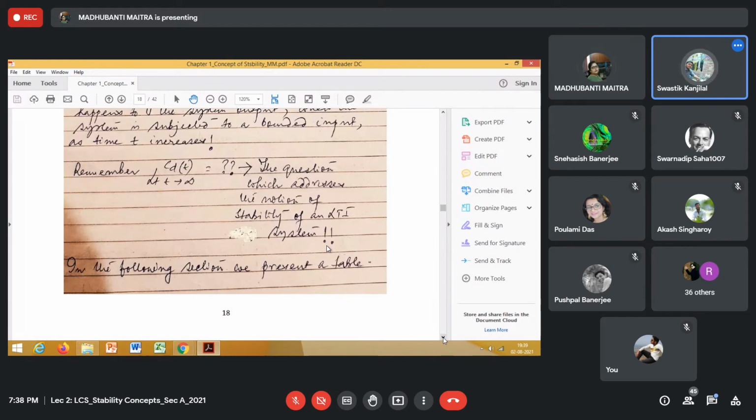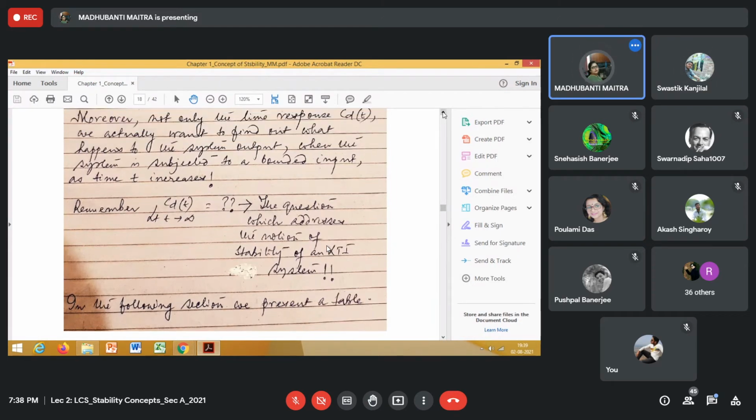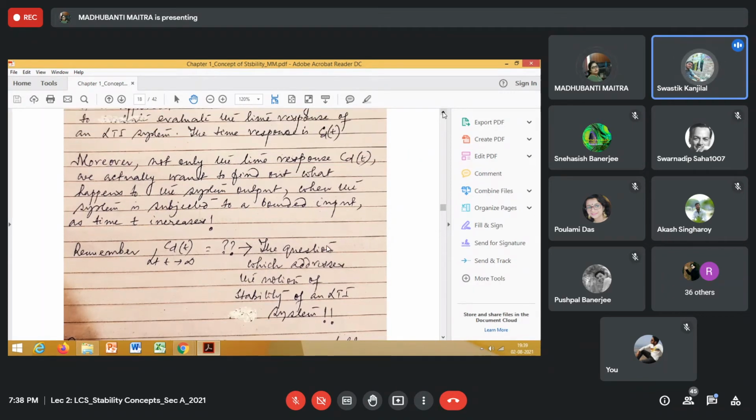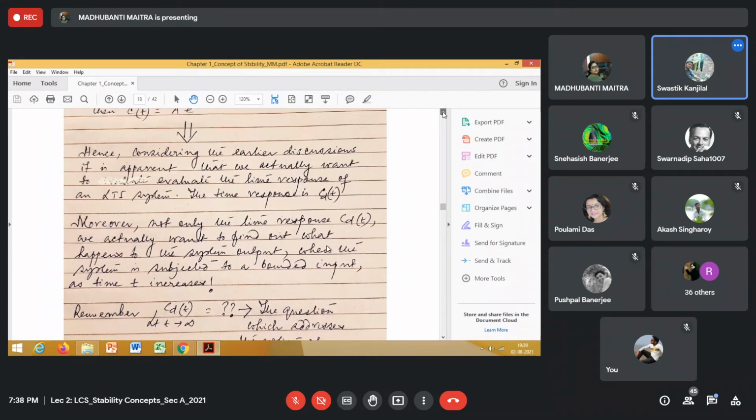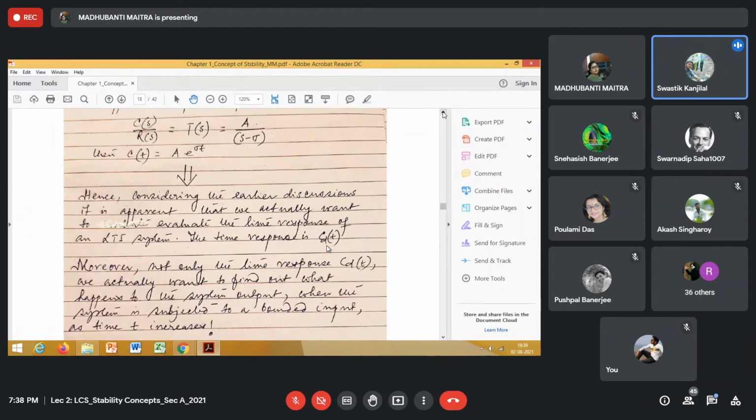Just one question. In that equation, C(s) by R(s) equals A by (s minus sigma), you then found c(t) equals A e to the power sigma t. You considered here the reference input to be an impulse function, right?